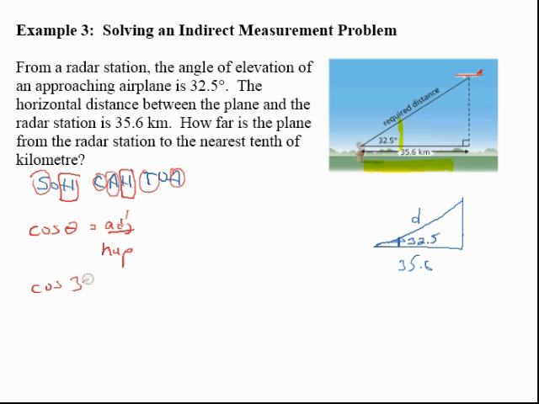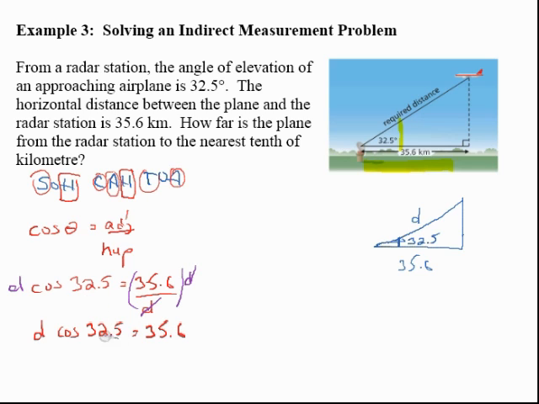Cos 32.5 is 35.6 over D. So we need to multiply both sides by D to get rid of the D in the denominator. And then we have D cos 32.5 equals 35.6.